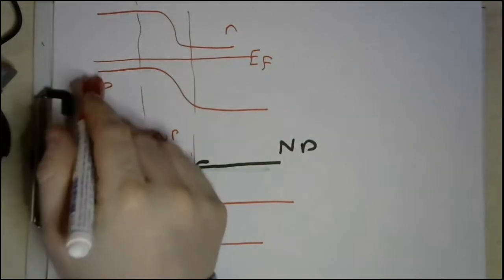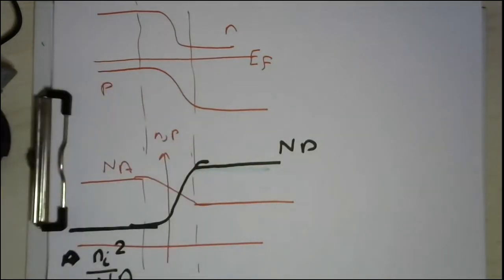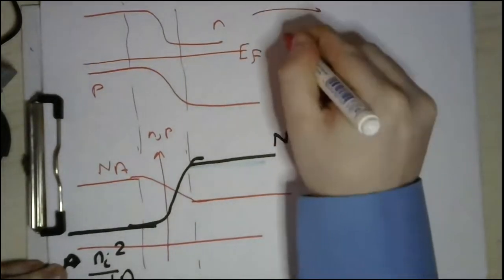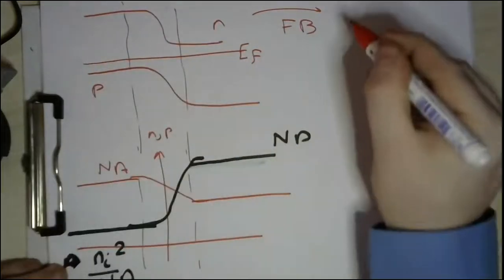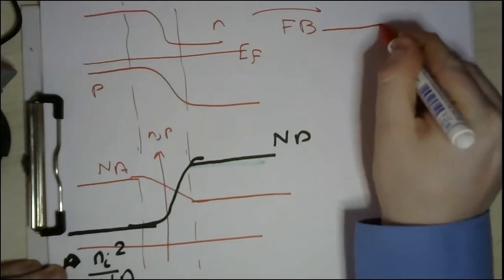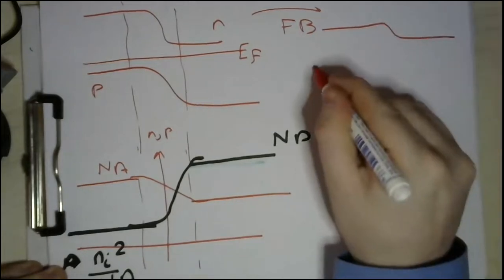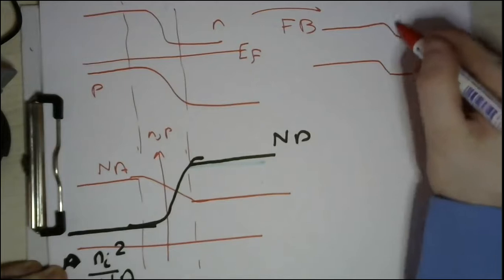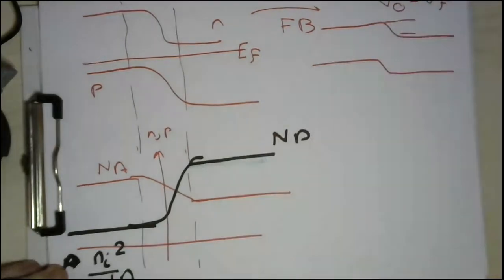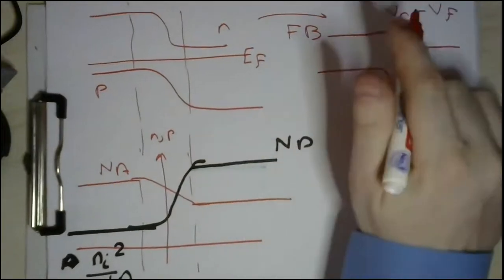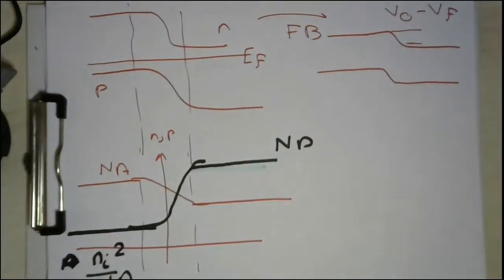Let's see what will happen. If you connect this junction in forward bias, that means this barrier will be reduced in this manner. So now this barrier will become V0 minus Vf, if you remember. This forward voltage is still below the built-in potential. Let's now try to reflect this on the graph.